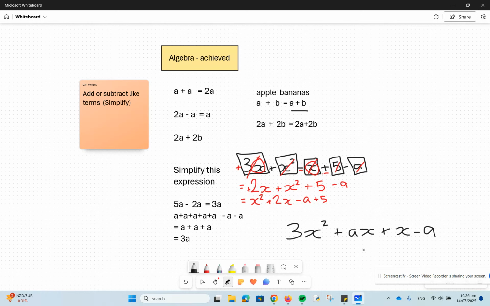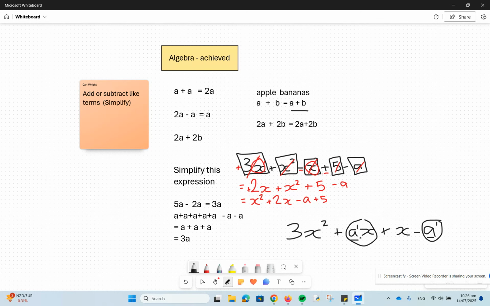Okay. Now you might be tempted to go, oh, there's an a there to the power of 1, and there's an a there to the power of 1, so I'll do something with it. Well, a by itself like that isn't the same as when a's with something else. Okay, they're not the same.